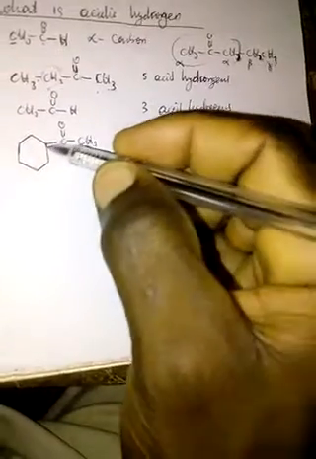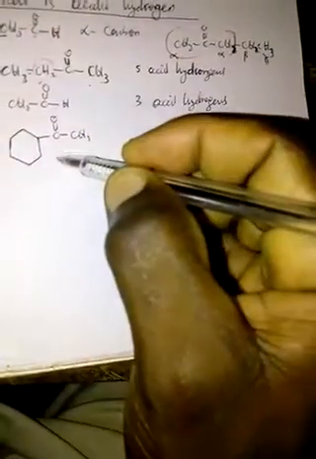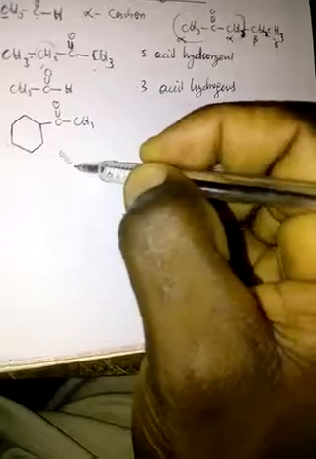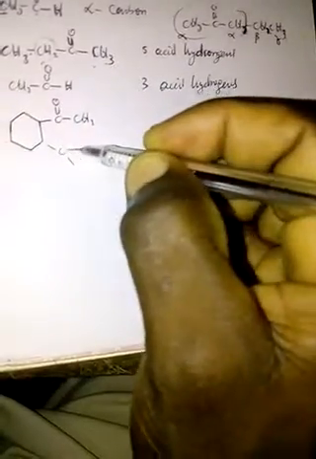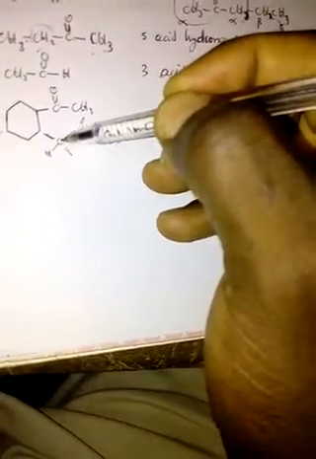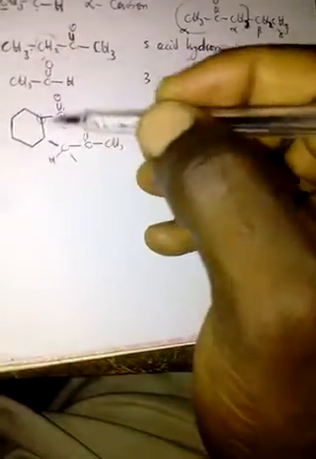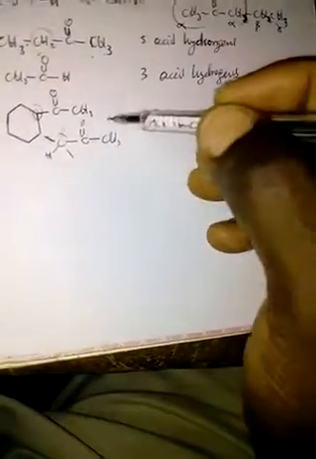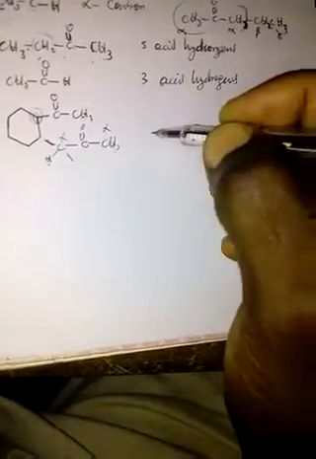So on this carbon, it has 1, 2, 3 bonds, that's 1 hydrogen. Carbon is tetravalent, so hydrogen must come here to balance off this bond, at this junction. So this carbon is an alpha carbon, this is another alpha carbon. So this has 1 plus 3, which is 4 acidic hydrogen.